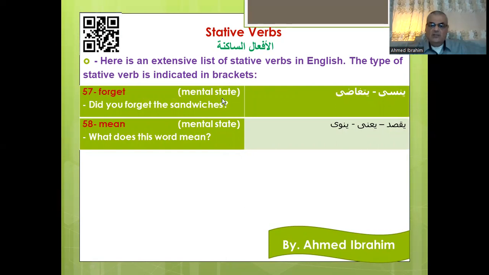Okay, this is the type of stative verb. Did you forget the sandwiches? Mean. What does this word mean? And of course, the type of stative verb is indicated in brackets.